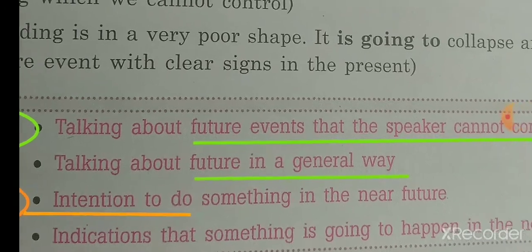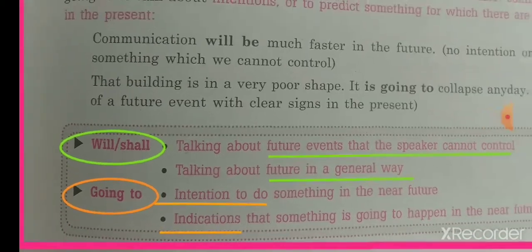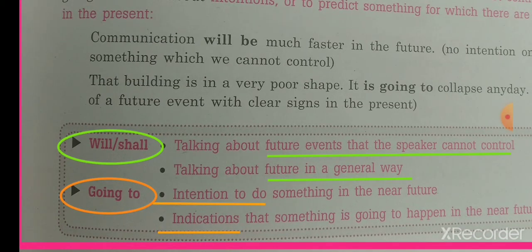But going to is used for intention to do something in the near future, or indication that something is going to happen in the near future. You are making a prediction and there are signs in the present also that this particular action is going to be completed in the near future. There you will use going to form.